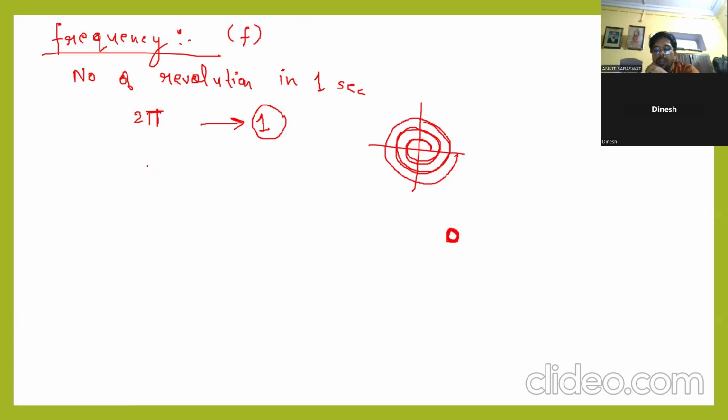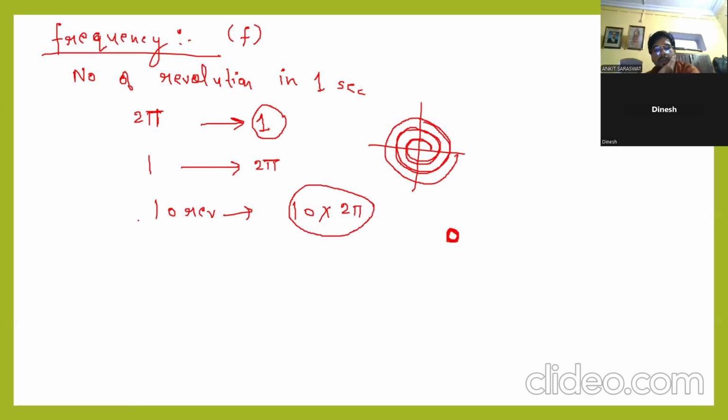Let us suppose it travels 10 revolutions in 1 second. In one revolution, it travels how much? 2 pi. Then in 10 revolutions, how much will it travel? 10 into 2 pi. Clear?